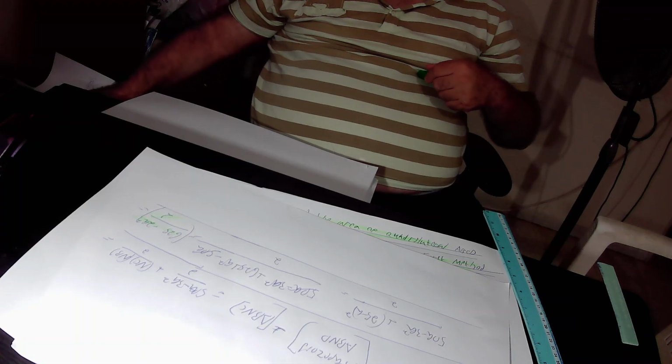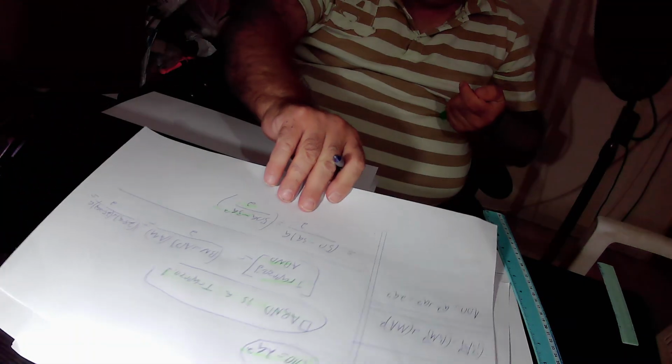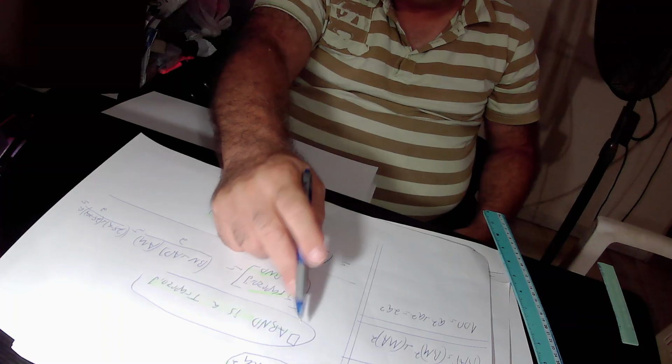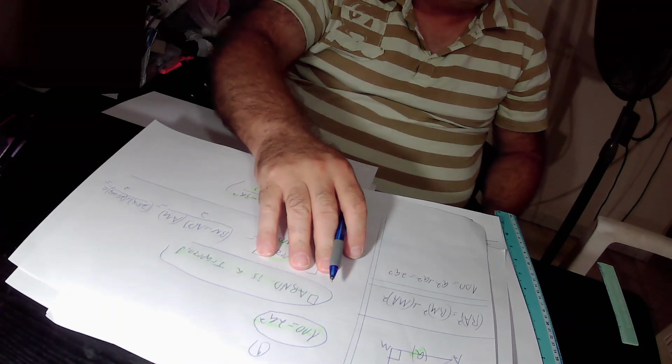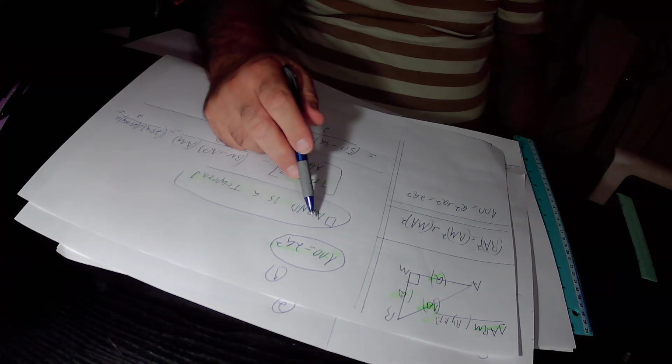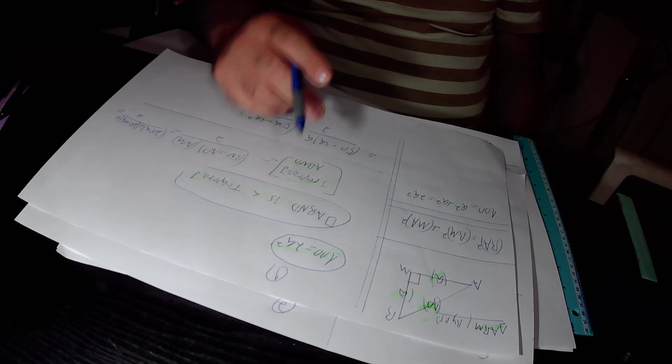But we already found out that 2A squared equals 100.